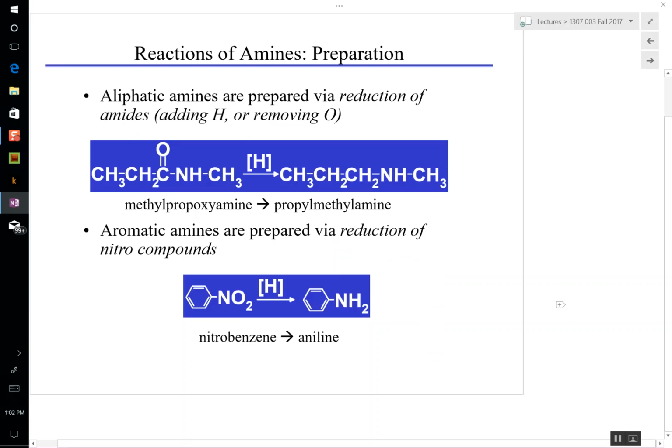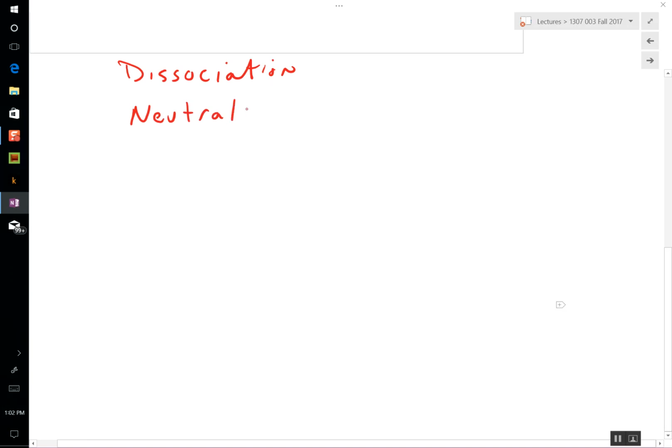The 3 most important reactions for amines: dissociation, neutralization, and preparation of quaternary quat salts.